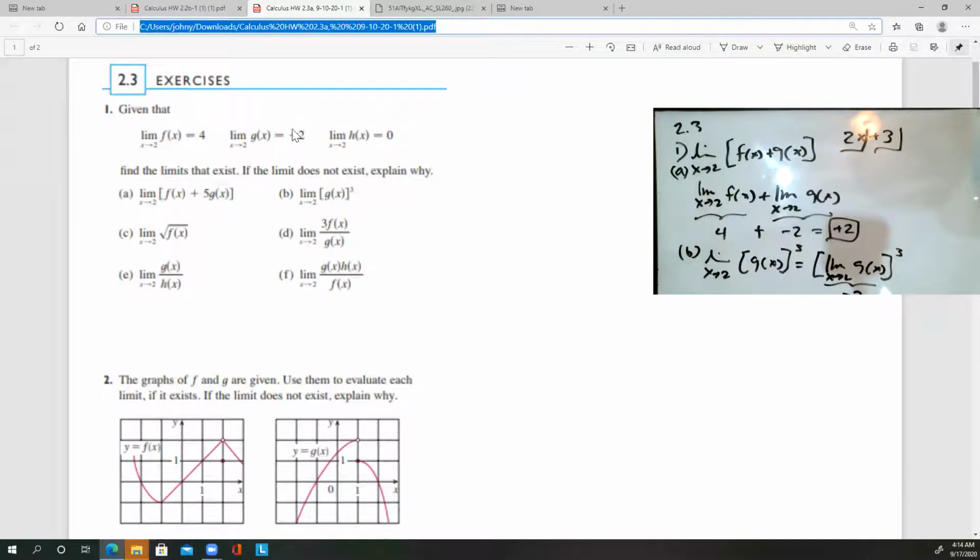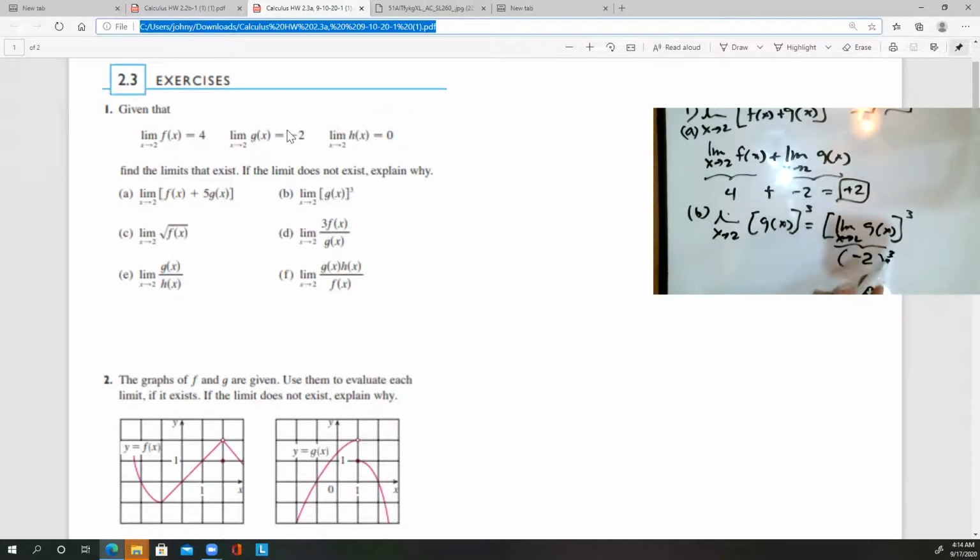And there it is right there. What's -2 cubed? Well, cubing means -2 times -2 times -2 by definition. Negative times a negative is positive, times a negative is negative, -8. There's your answer for part B.